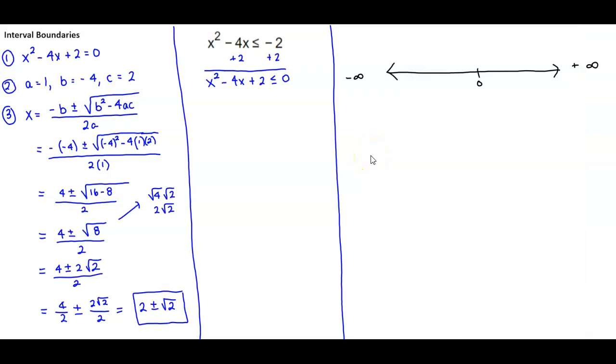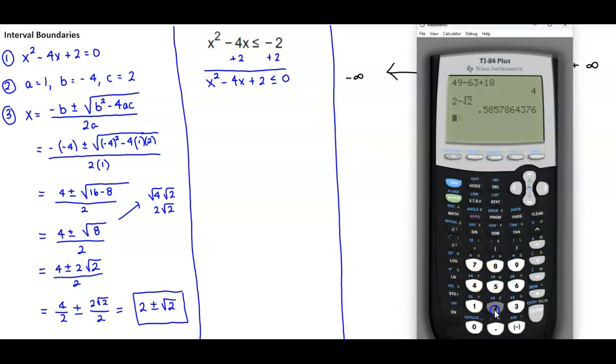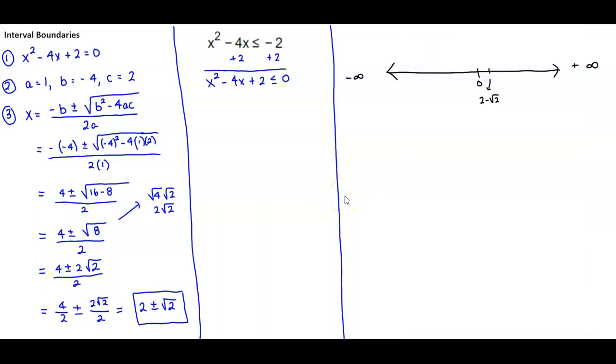So that means somewhere over here we have 2 minus the square root of 2. And then where is 2 plus the square root of 2? That's right, 3.4. So that's probably like around here. So we have 2 plus the square root of 2.